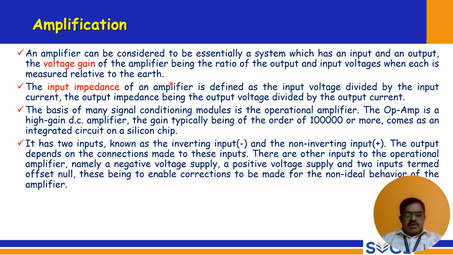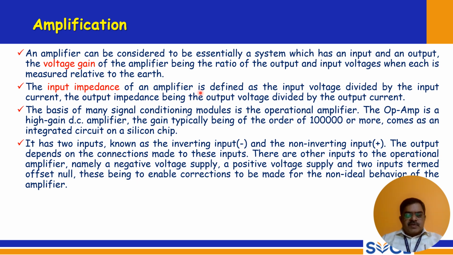So here is a simple amplifier, and it consists of an input and an output, and it also has a voltage gain, that is the output to input ratio. With that gain, we decide how much we are going to amplify. So this is the major factor with which we are going to amplify the signal.